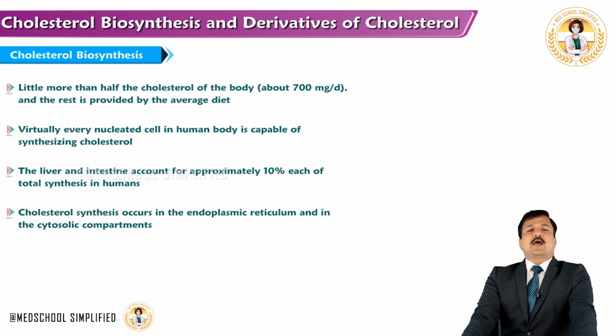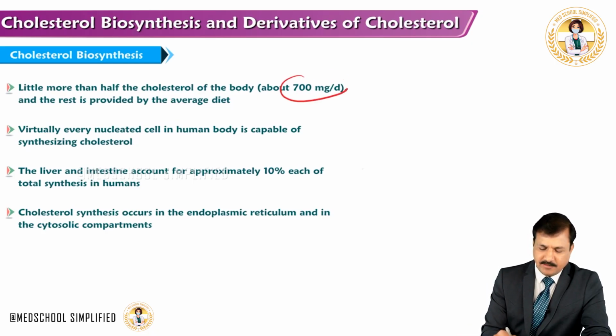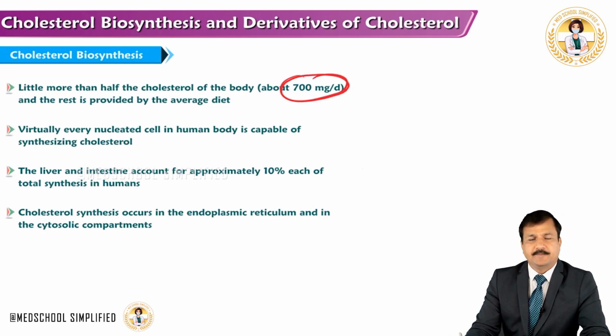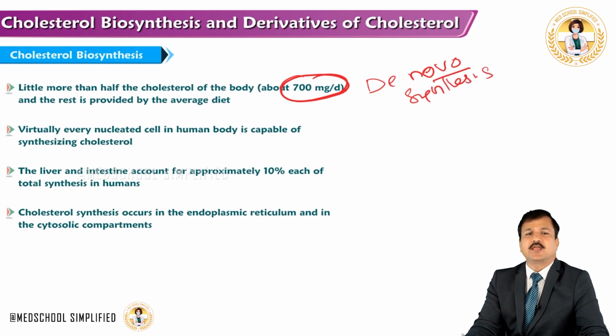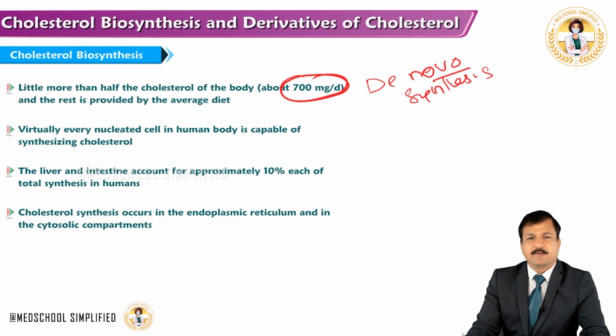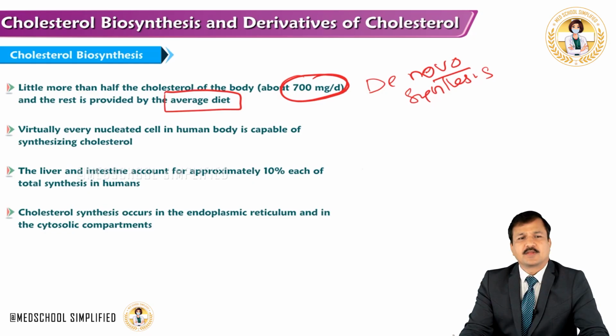Now, a little more than half of the cholesterol of the body, around 700 milligrams of cholesterol per day, we synthesize in our cells. That means de novo synthesis of cholesterol contributes little more than half of the cholesterol that is needed for our body per day, and the rest of the cholesterol will be provided in the diet.